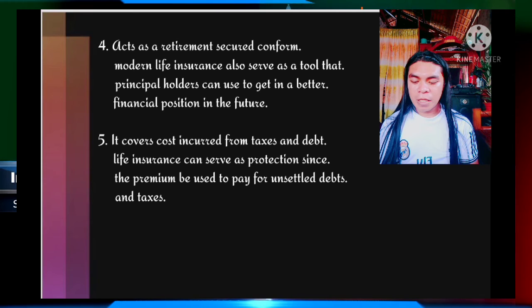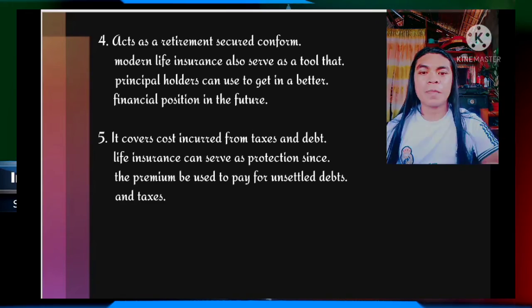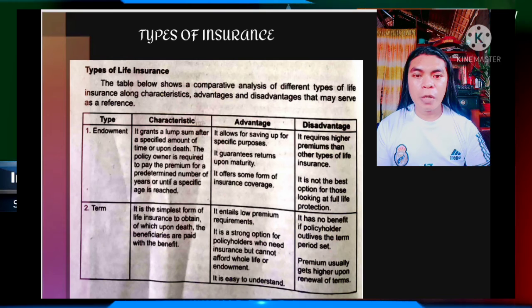Fifth, it covers costs incurred from taxes and debt. Life insurance can serve as protection since the proceeds can be used to pay for unsettled debts and taxes. Next, types of insurance.